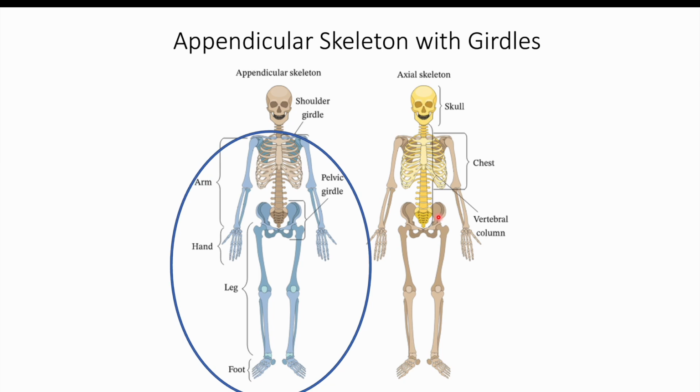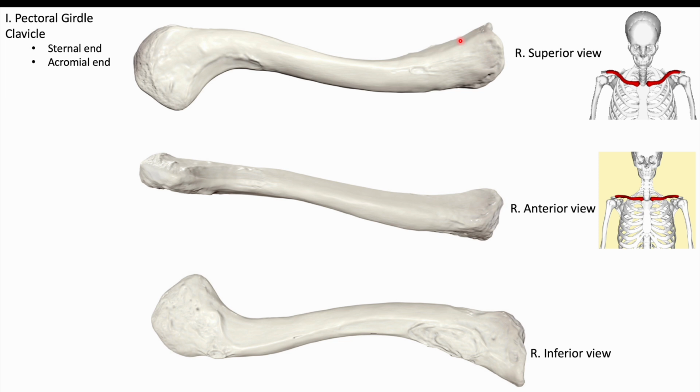All right, now let's go ahead and take a look at the clavicle bone. The clavicle bone is also known as your collarbone. And with your collarbone, it is going to have two ends. One end is attached to the clavicular notch of the sternum, so that would be the sternal end.